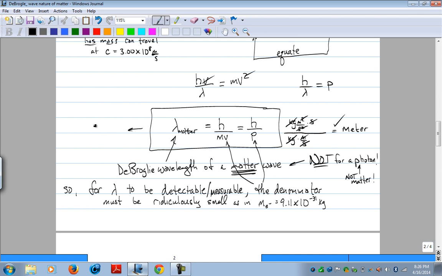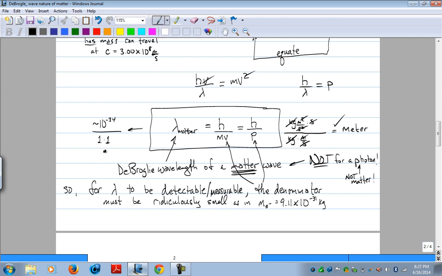H in the numerator is on the order of 10 to the minus 34, and in the denominator, let's say the mass of something is 1 kilogram and it's going at 1 meter per second.